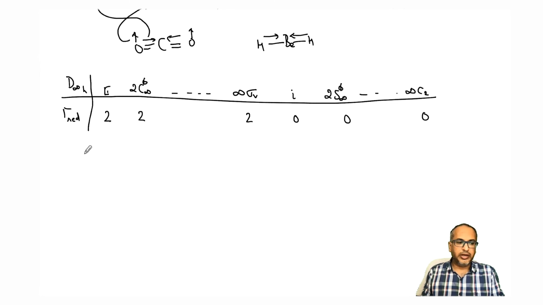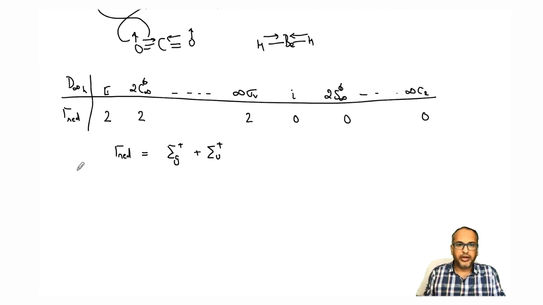Now this Γ reducible, by inspection, reduces to Σg+ plus Σu+. This also we have seen in the last lecture. Now either you can apply the projection operator, or you can do it by inspection, though in this particular case it is difficult to apply, but you can still do that.